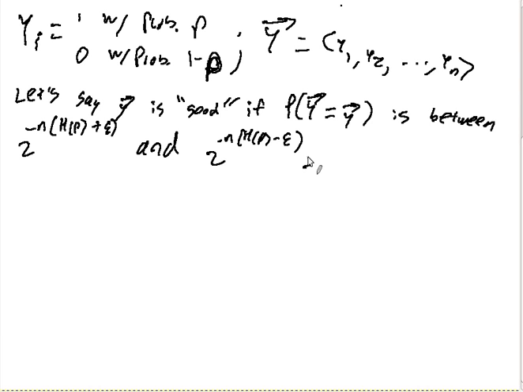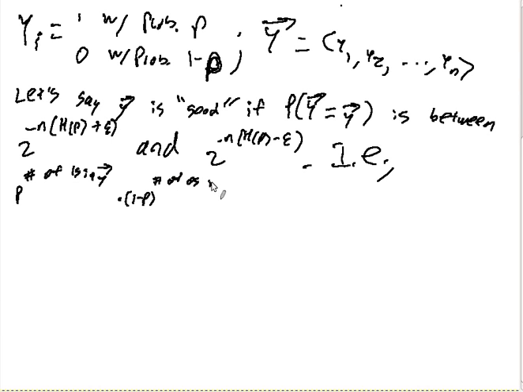Why is that? Well, let's rewrite this inequality. The probability that big Y equals little y is just going to be p to the number of ones in little y, times 1 minus p to the number of zeros in little y.